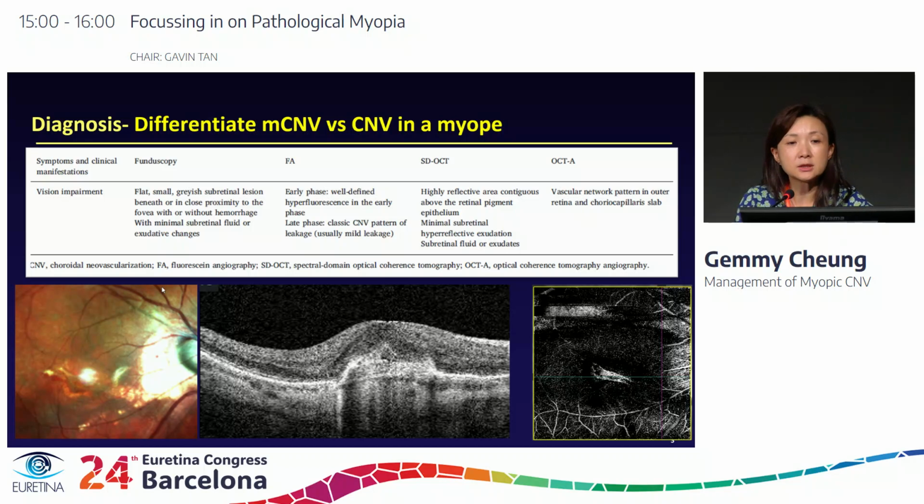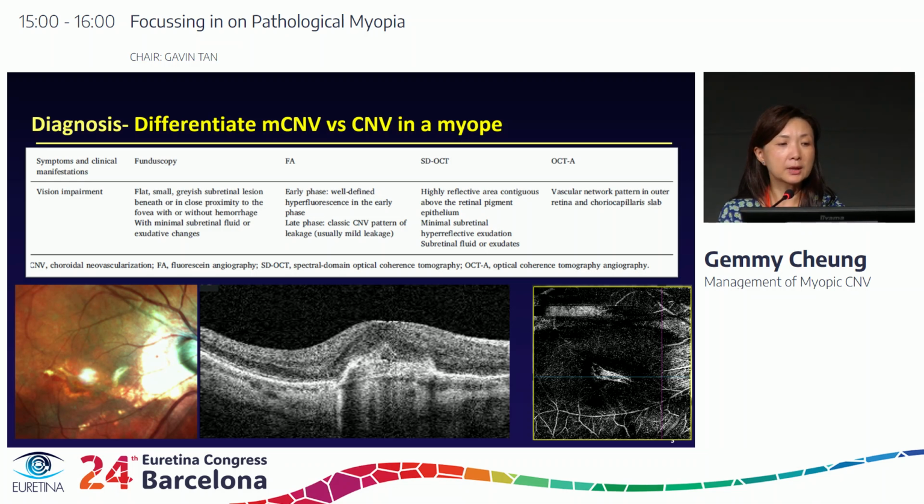In terms of the diagnosis, first, we have various modalities that can help us diagnose the presence of a CNV. But when we talk about a myopic CNV, one of the key fundamentals is to differentiate a myopic CNV from someone who is a myope who has a CNV due to other reasons, such as idiopathic, inflammatory, etc. Multimodal imaging is always the gold standard and most reliable way to show us the presence of a CNV.